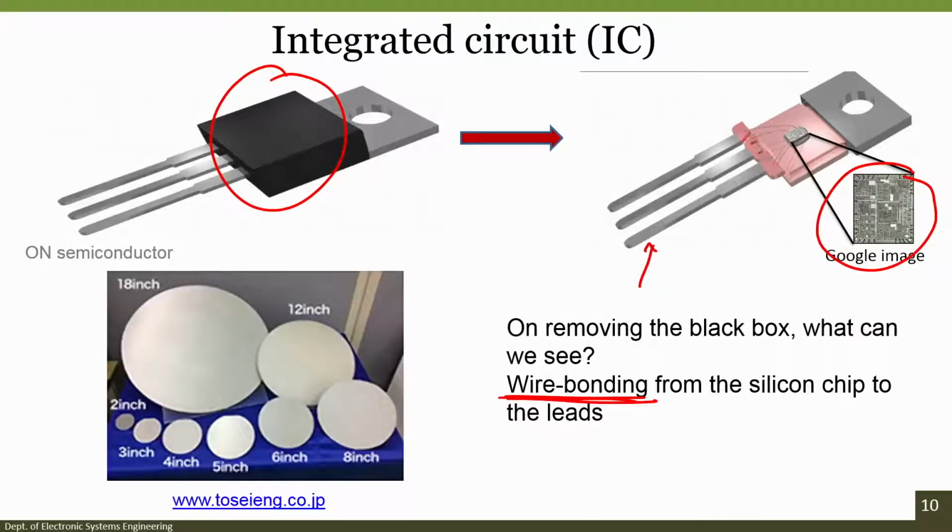So, what are the size of silicon wafers that are available? We have a 2-inch wafer, then we have a 3-inch wafer, 4, 5, 6, 8, 12, 18. What is the advantage of having a wafer which is of larger diameter? The advantage of having wafer of larger diameter is that we can integrate lot of transistors simultaneously.